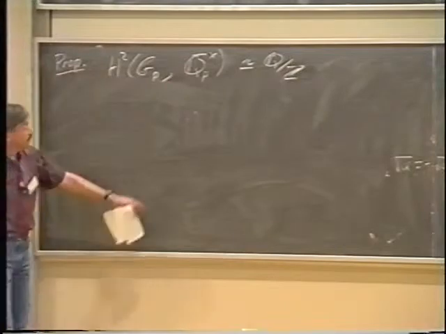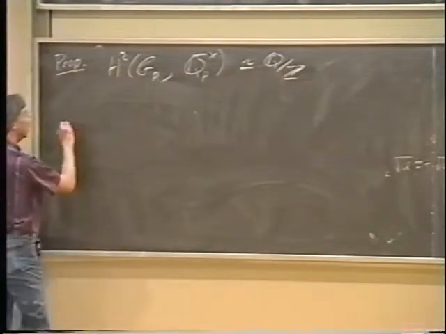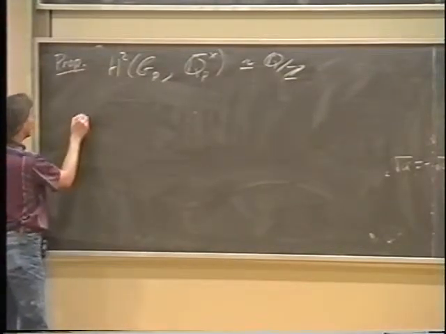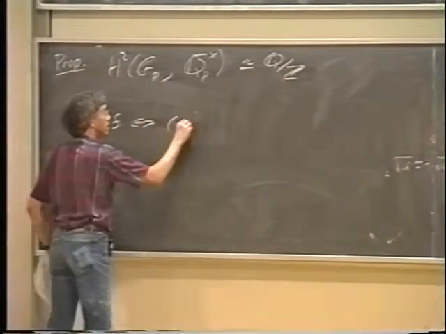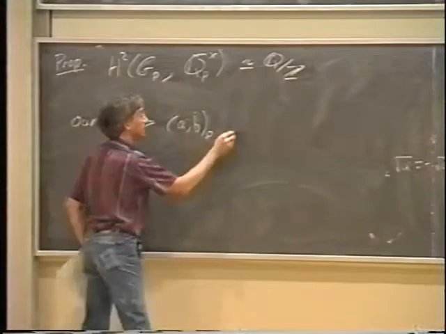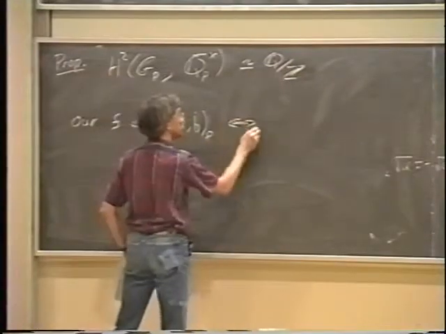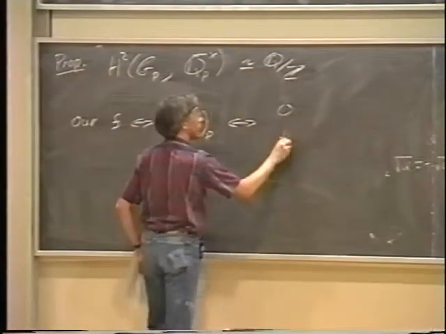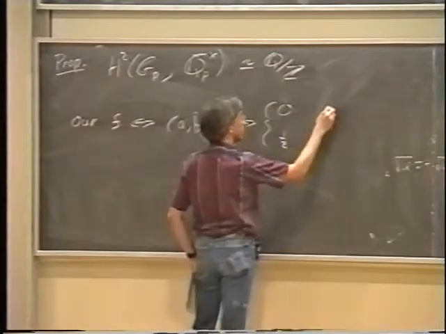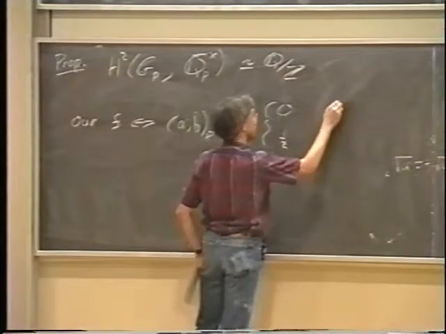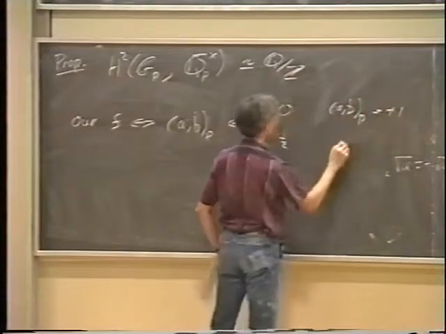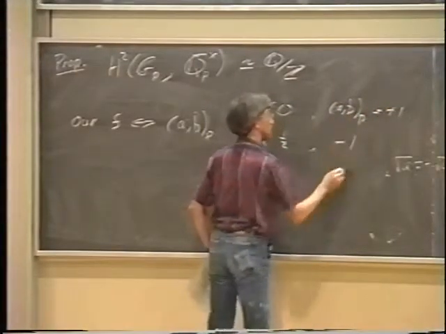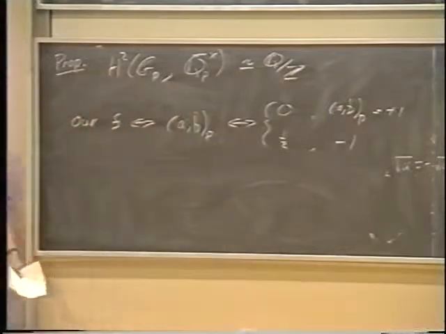But for example, this Hilbert symbol, sort of our F, which corresponds to (A,B) sub p, corresponds to 0 or 1/2: 0 if (A,B) sub p is plus 1, and minus 1 gives us the 1/2.